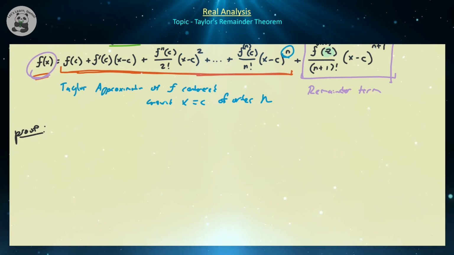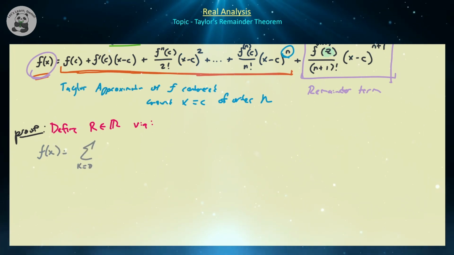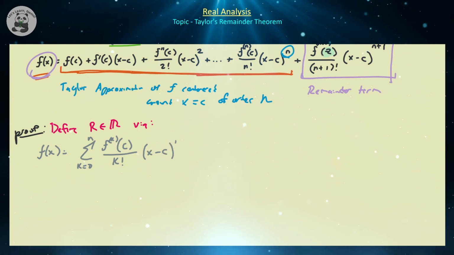So what we're going to do is define the real number r by the following statement. We're going to have f of x equal to the sum from k equals 0 to n of the kth derivative of f evaluated at c, all over k factorial, times x minus c to the power of k.